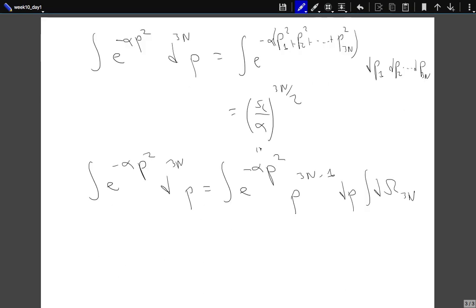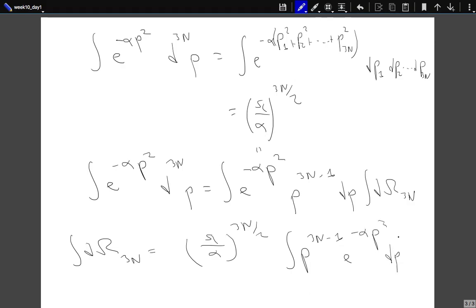But these two should be equal, because they are the result of the same integral. So that angular integral is just pi over alpha to the power 3n over 2 multiplied with the inverse of the integral of p to the power 3n minus 1 e to the power minus alpha p squared dp.